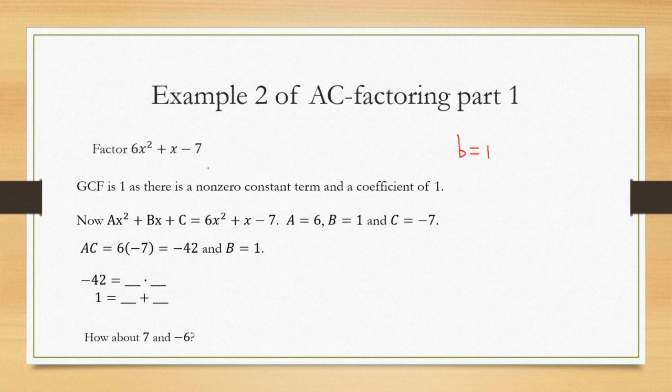Now, since there's a non-zero constant term, right, that means the smallest exponent of x is 0. So the GCF then is going to be b, x to the m.